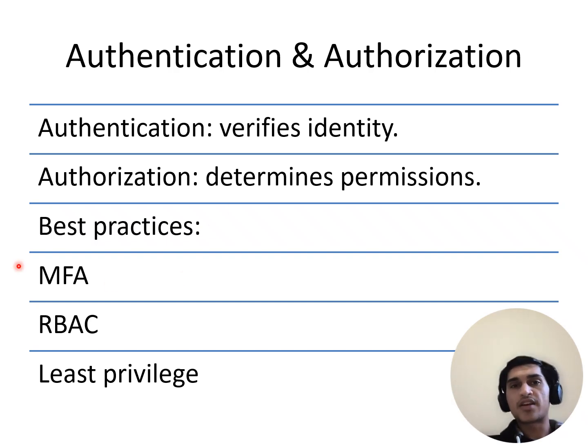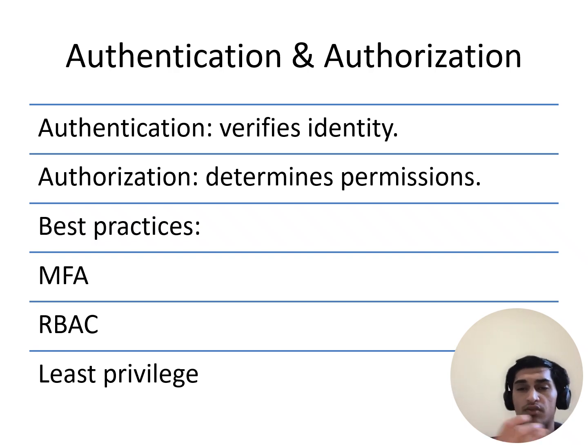The best practices for authentication and authorization are MFA, multi-factor authentication, which we use on our mobile devices as well. The other one is RBAC, role-based access control. We have multiple roles in a company; for example, our team doesn't need any information about project management, so they won't be given any access.